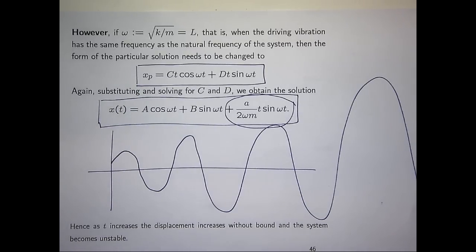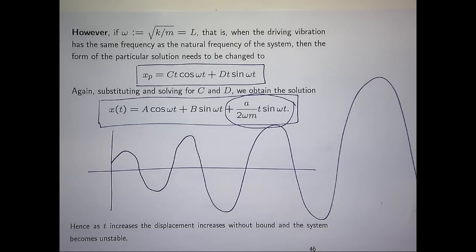Okay, so the magnitude of the displacement is growing and growing and growing. So what does that mean for our system? It's going to shake itself apart. So the external forcing function, in this case, combines with the natural frequencies, and it just sets up something that is going to basically shake itself to destruction.